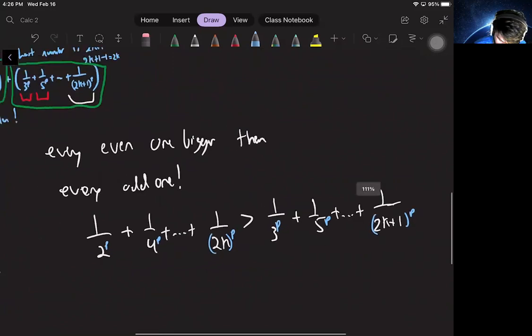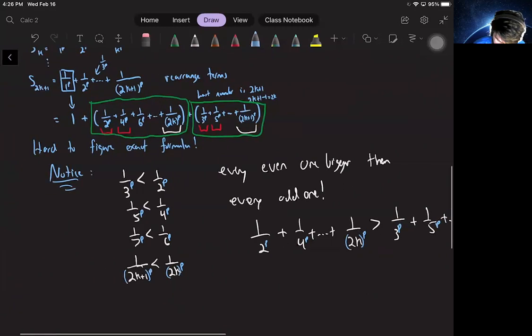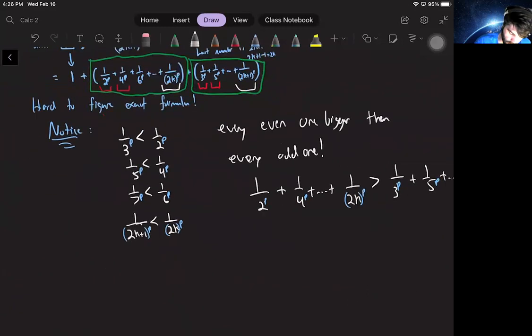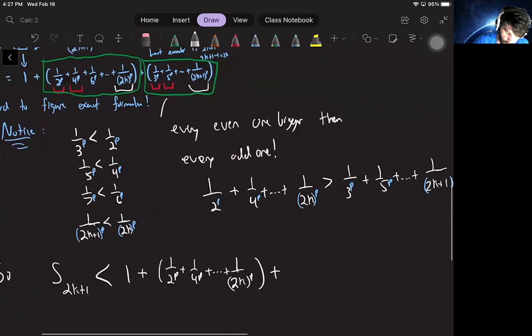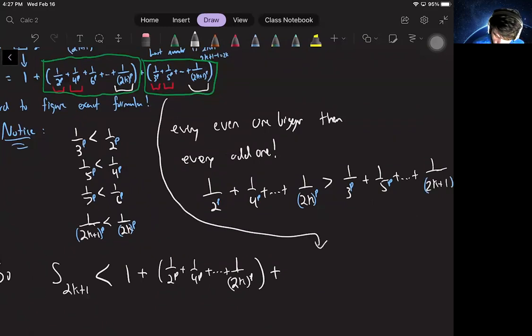And then the idea is, so this S2k plus 1 that I'm looking at is smaller than, if I keep the first part the same, so the 1 doesn't change, the evens don't change. But then I replace the odd ones with something bigger, right?